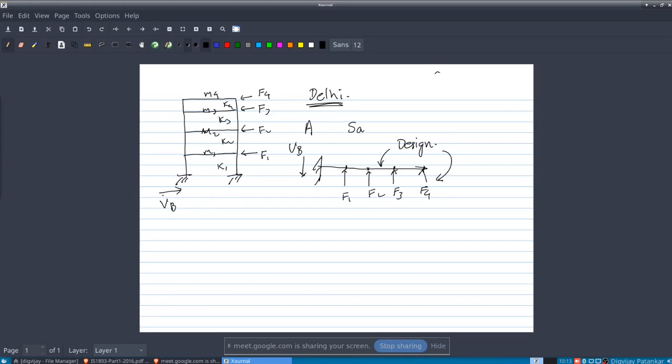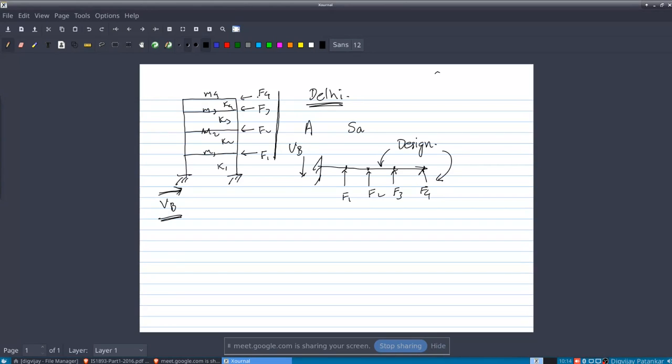That is, you have this base shear VB, you will distribute that base shear VB along the stories using some relation, some expression, that at first story there should be some fraction of force, at second story there will be some fraction, third and fourth.